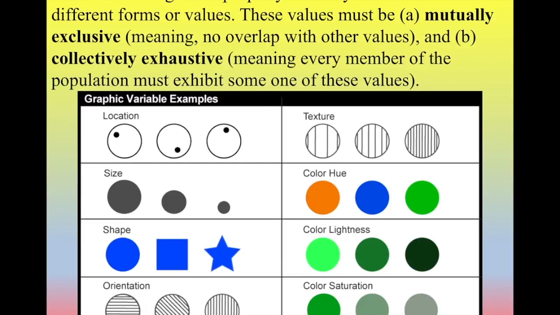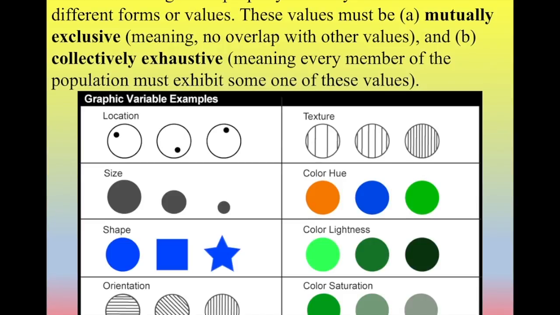The variable values must be mutually exclusive, meaning that there can be no overlap between the values. Mutually exclusive means that no member of the population has at the same time two values of the same variable. I'll give an example of that in a second.